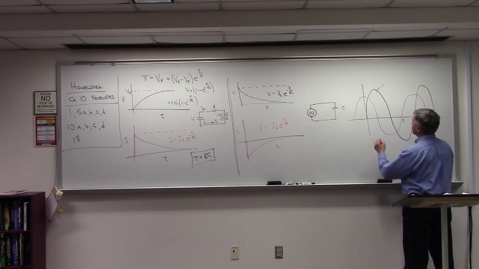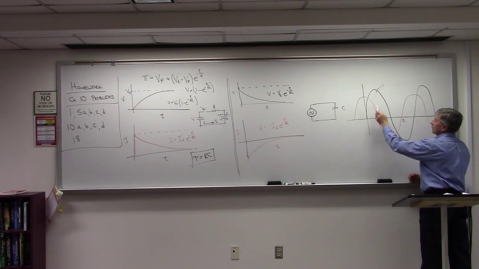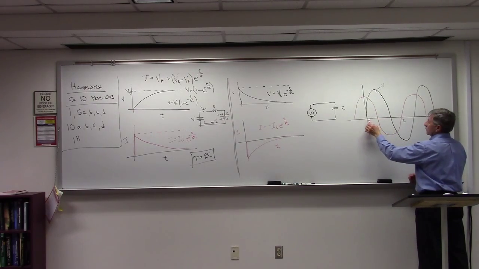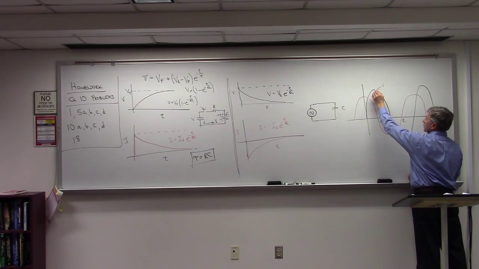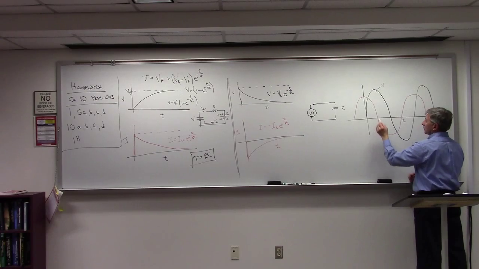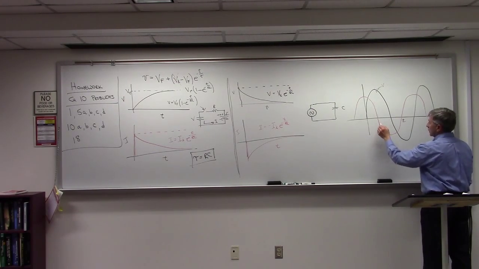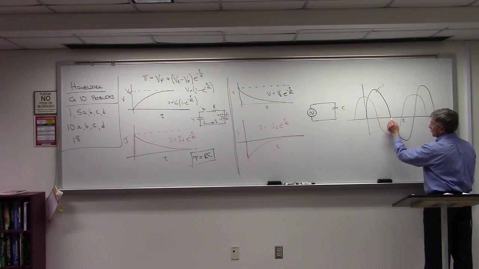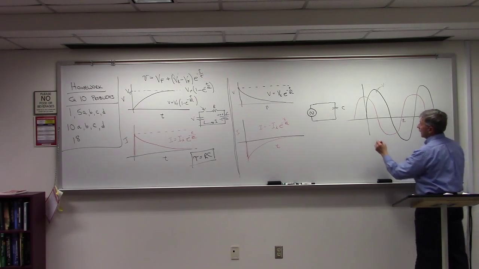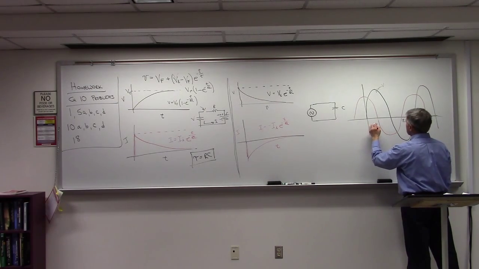So when the voltage hits 90 degrees here, the current is at 0. When the voltage is at 0, the current's at a negative maximum, and this is 90 degrees here.